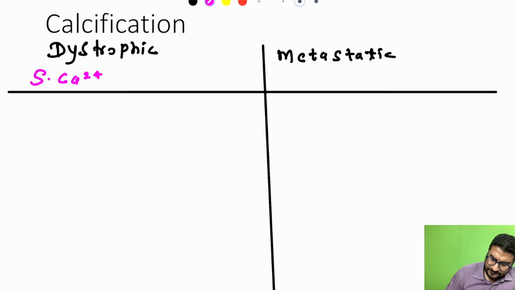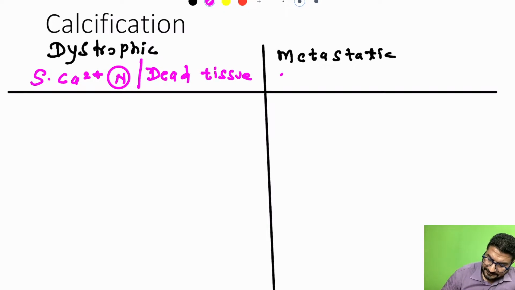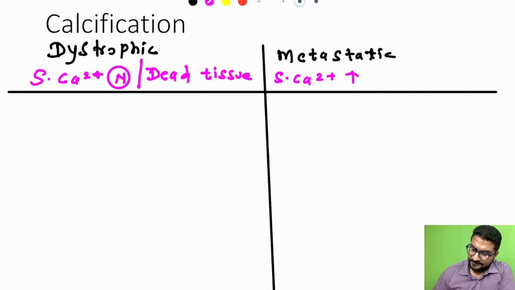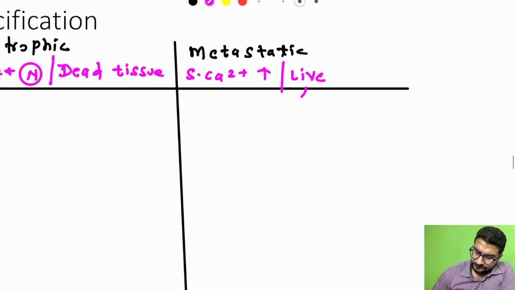Serum calcium, this will be normal. Why? Because it is seen in dead tissue. In metastatic calcification, serum calcium will increase. Metastatic में serum calcium ज़्यादा होगा, and this is something which we see in live tissue, and most common live tissue, it will be lung.